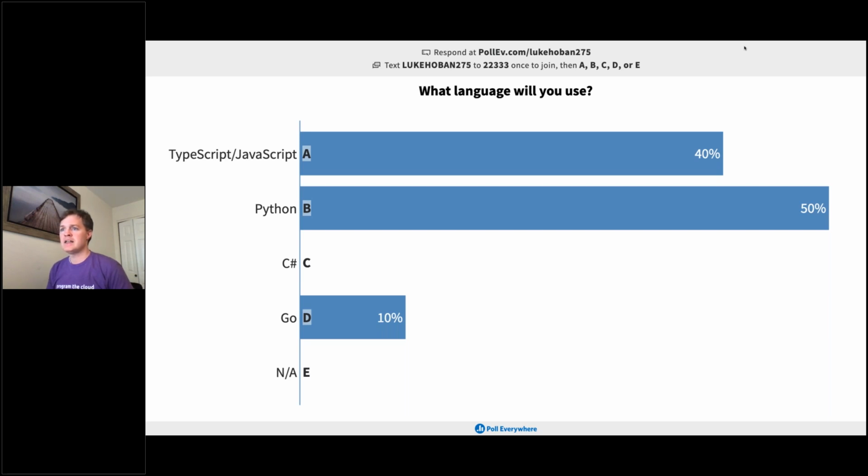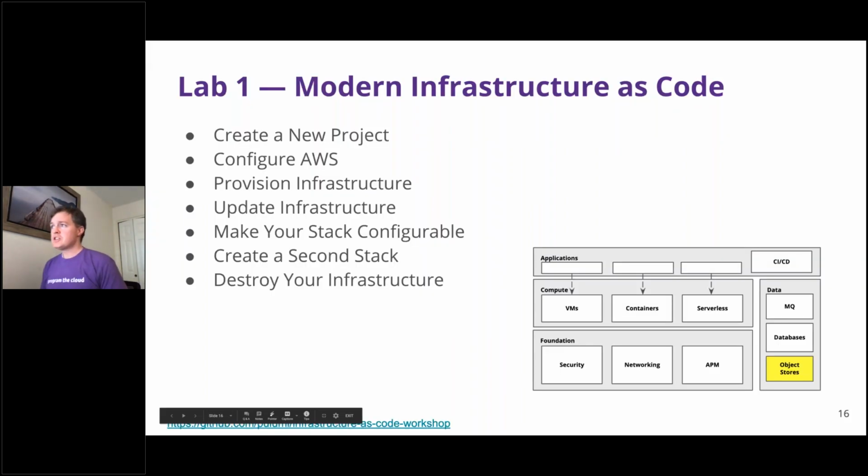We'll go ahead and get started now. So in the first lab, this is going to be pretty simple. We're going to go through the end-to-end experience of working with Pulumi, but with just some very, very simple resources. So we're really going to focus on just an S3 bucket, a resource that everyone understands. It's very simple conceptually.